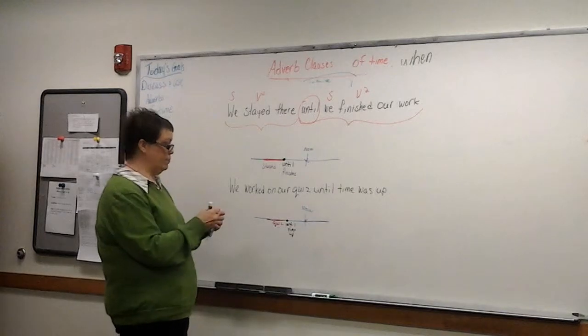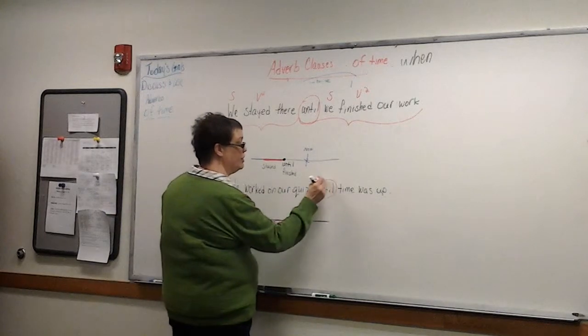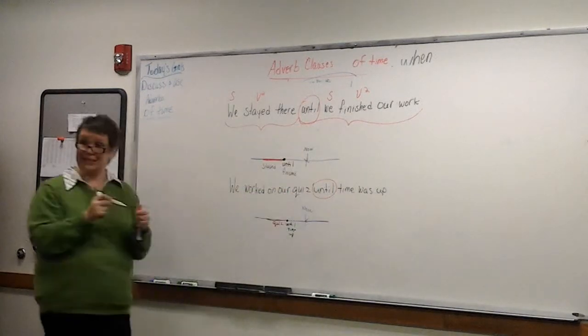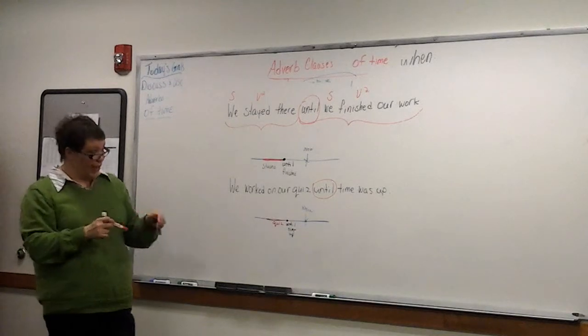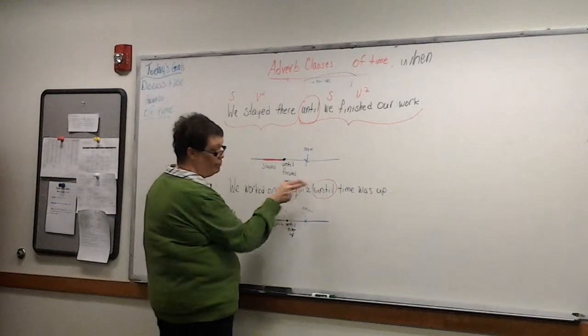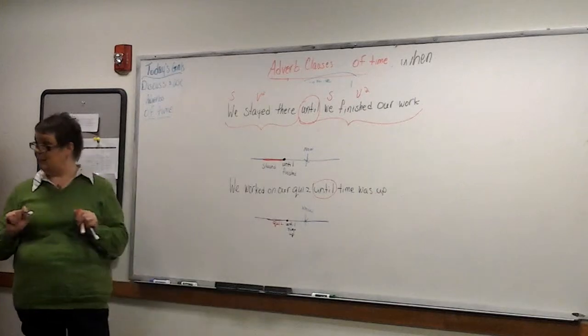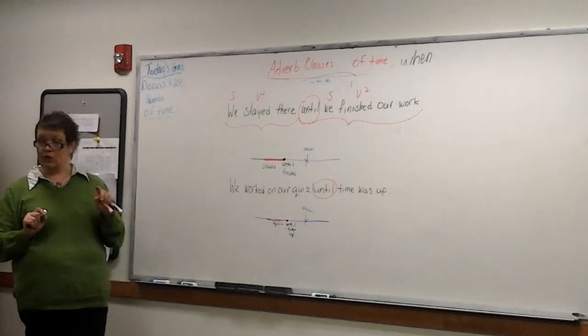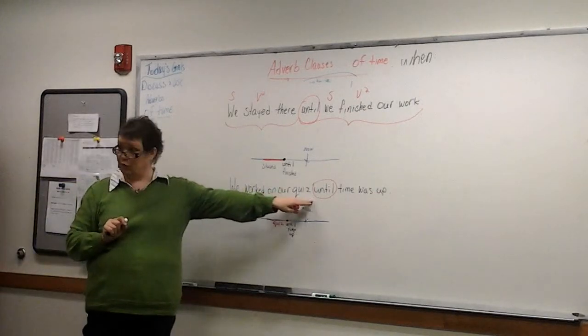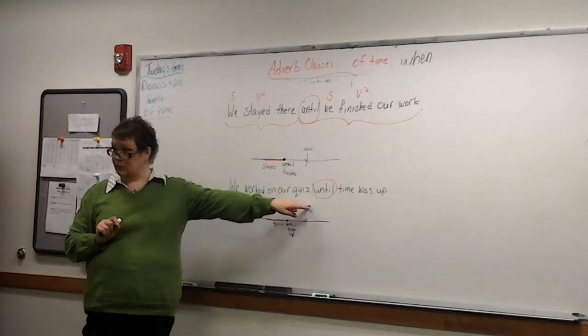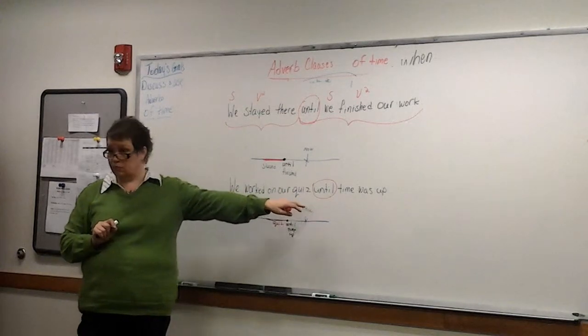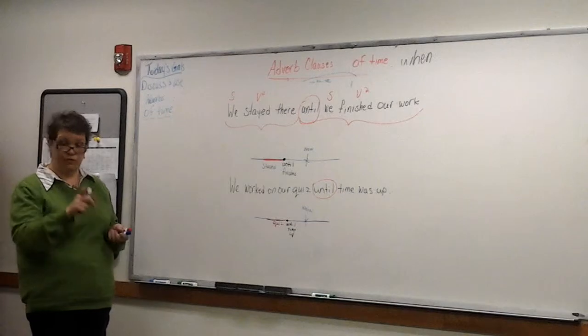Circle until over here. Till has the same meaning. So I can take off the un and it has the same meaning, no difference. The only difference is we use this in formal academic papers and formal speech. Till is just the shortened version.